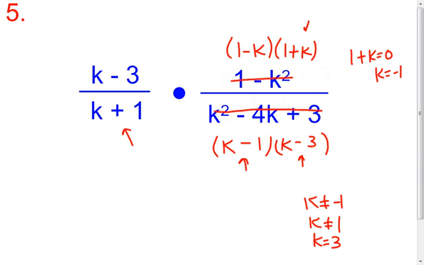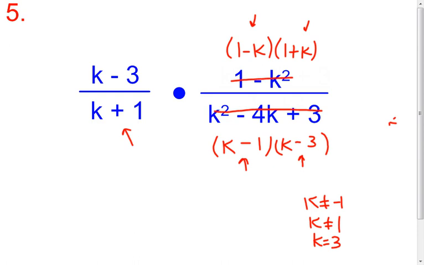And so k can't be negative 1, which I've already got on the list. And then right here, when I go 1 minus k equals 0, 1 equals k, so k can't be 1 either, or that quantity would be 0. So you've got all 4 of those there. I already have one on the list. I guess I don't need to write it twice, but there you go. Okay, so kind of side notes there.